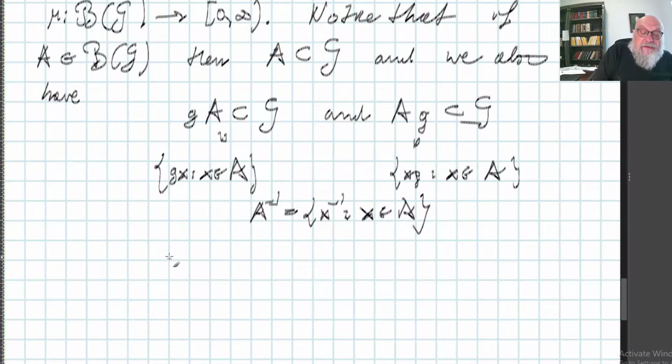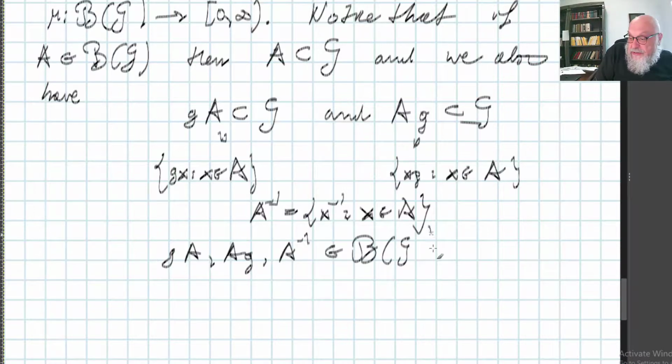That means all of them are Borel sets: gA, Ag, and A to the power minus 1, as defined here, all belong to the Borel sets on G. So the question is very simple.